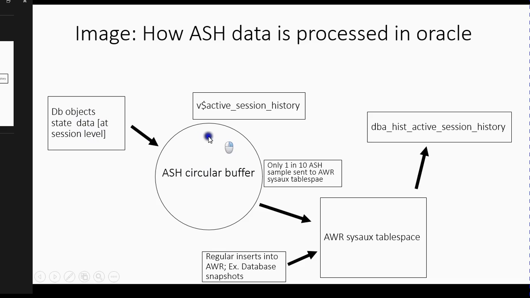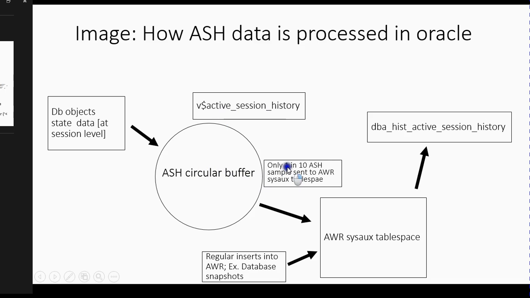Eventually the data is going to be flushed out, but this allows you to capture a lot of data and funnel it to the AWR SYSAUX tablespace. When you're querying the V$ performance view, you're actually querying the ASH circular buffer.